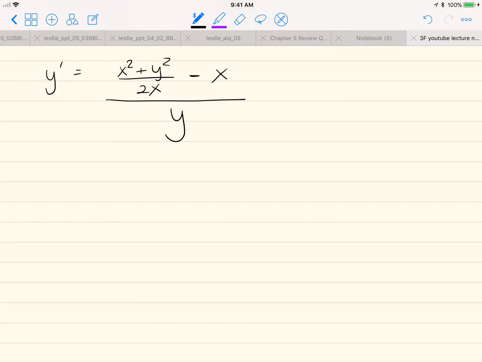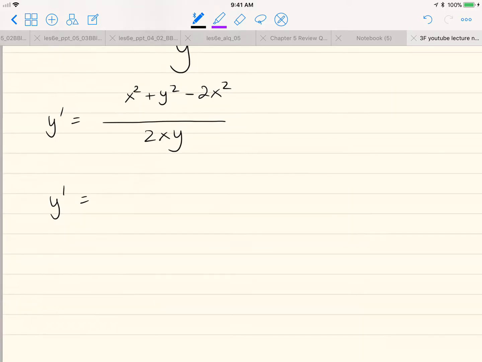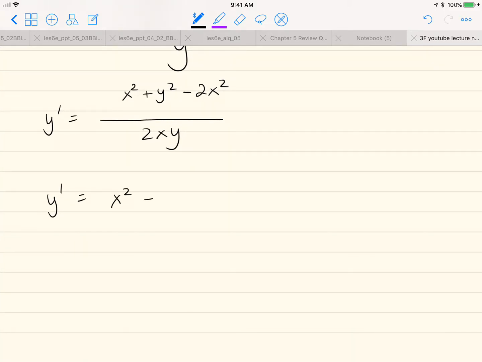So now this I can simplify as y prime equals, and when I simplify I'll get (x squared plus y squared minus 2x squared) over 2xy. So y prime equals (y squared minus x squared) over 2xy.